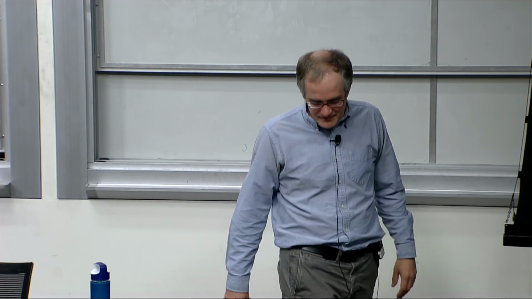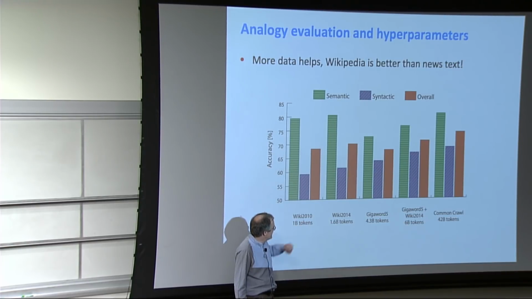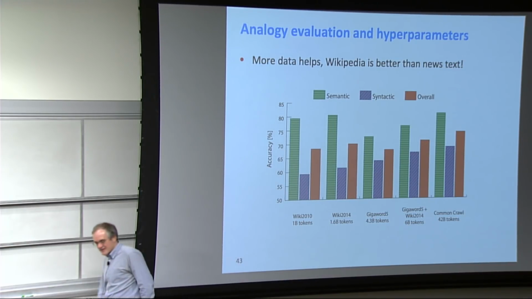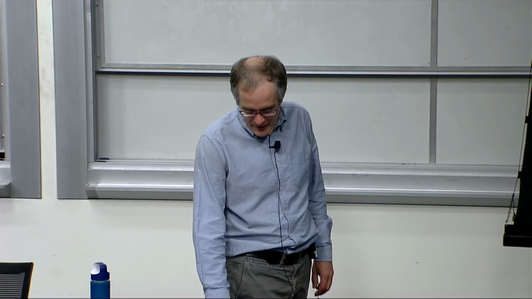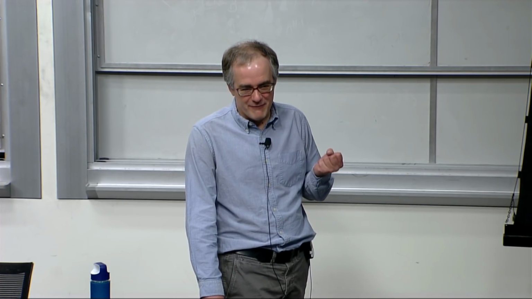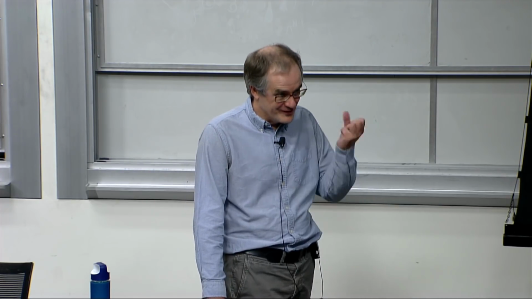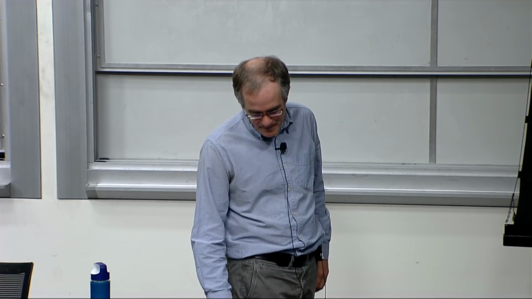So there's this interesting fact that this Wikipedia data really is differentially useful for making word vectors. And in fact, when we did very well with our GloVe word vectors and lots of people use those, I think one of the reasons why they work so well is that the original word2vec vectors that Google distributes are built only on Google News data, where ours have this Wikipedia data inside them. Okay.